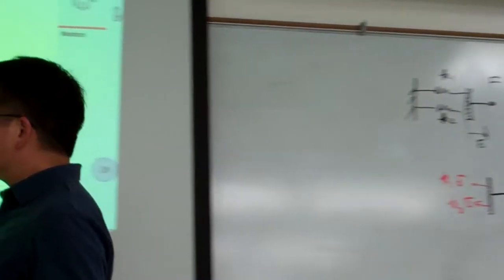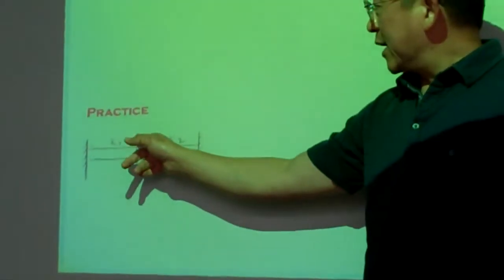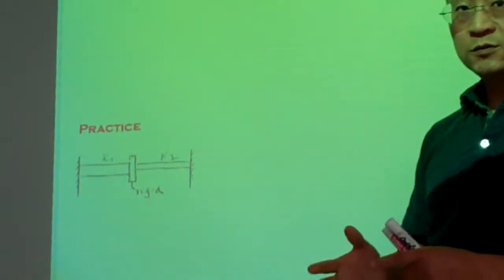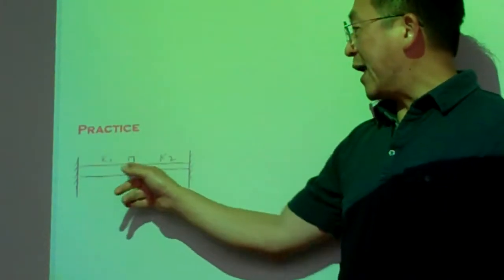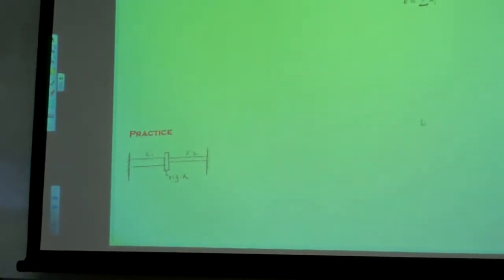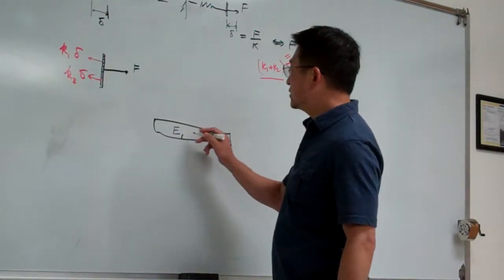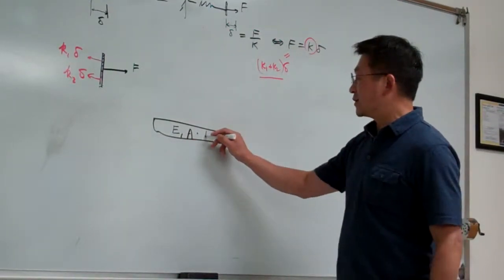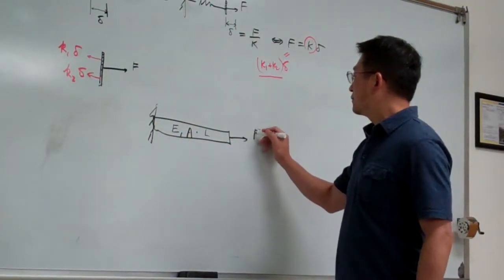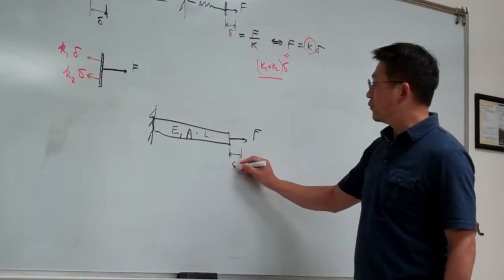With that, we'll look at this example here. Again, this is rigid and no mass. That's simply a connection symbol to combine the two elastic bars. As a side note, if we have an elastic bar with a Young's modulus E, cross-sectional area A and length L, under the loading F, this end, due to the application of the loading, will be deformed by delta.